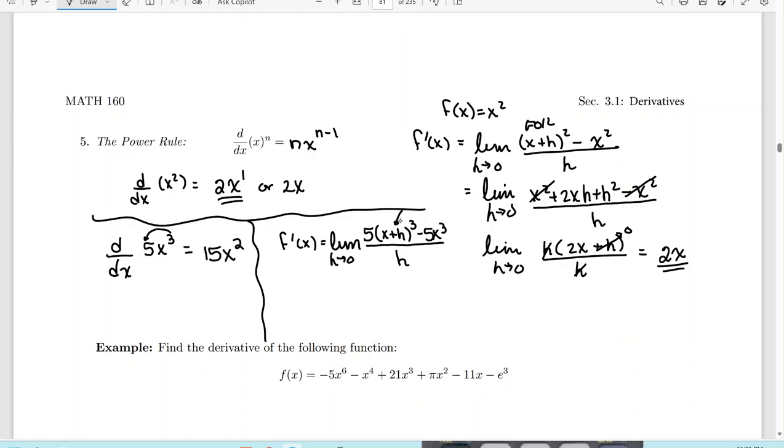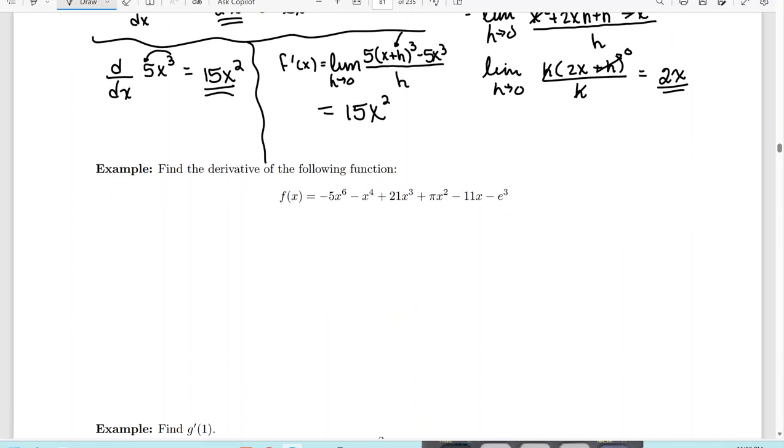I would have to multiply that out 3 times, take an x plus h times an x plus h times an x plus h, then multiply by 5, subtract the 5x cubed, cancel or factor out the h and cancel the h, and then substitute 0 in for all the other h's, and eventually get 15x squared, which would probably take more than 5 minutes to do. So the power rule comes in really handy here.